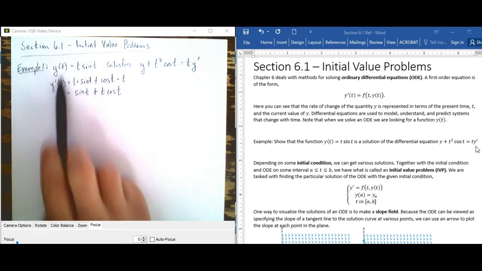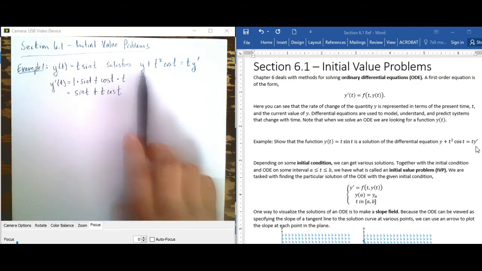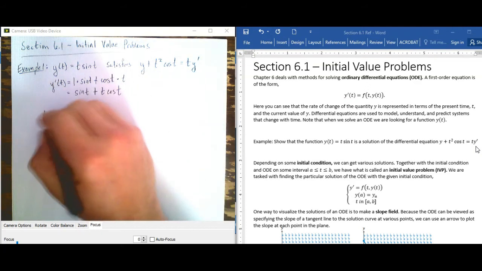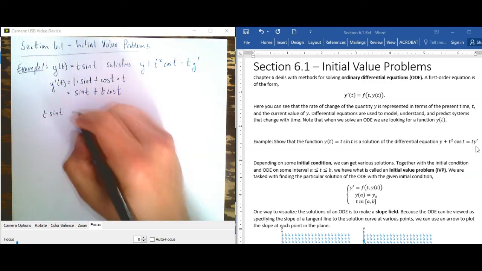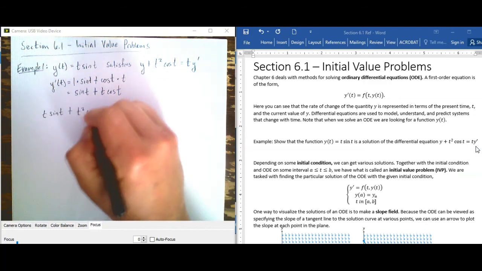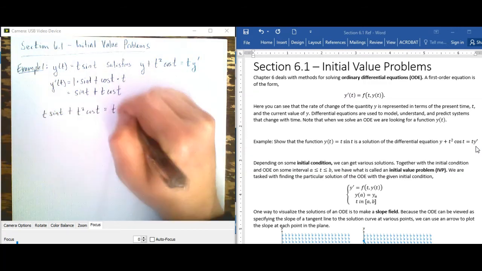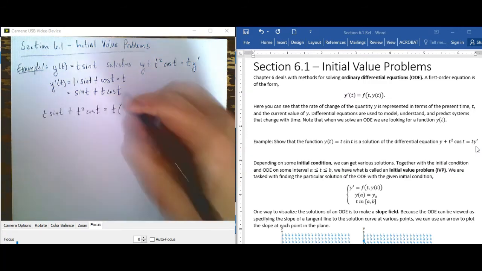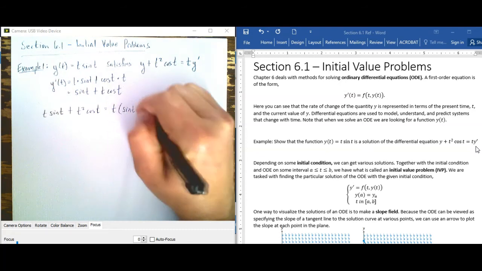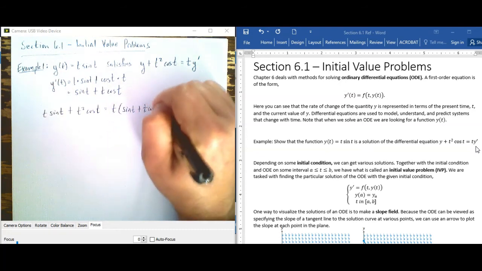Now let's substitute our values for y and y prime into this differential equation. So y becomes t sine t plus t squared cos t equals t times our y prime, which is sine t plus t cos t.